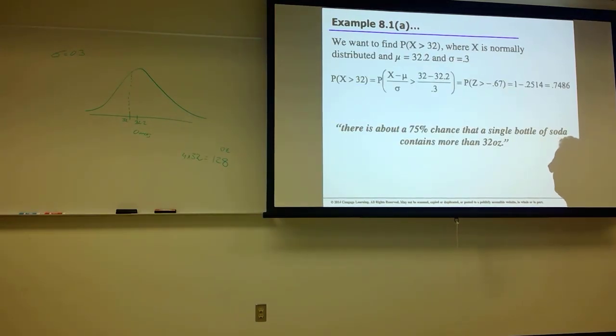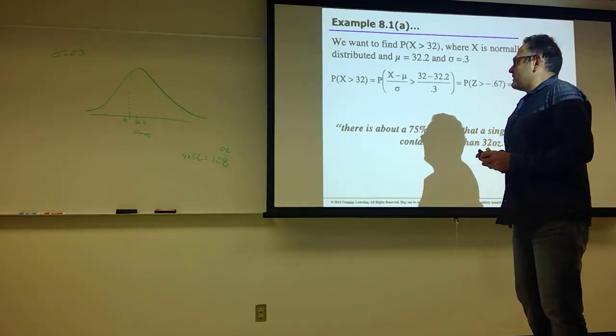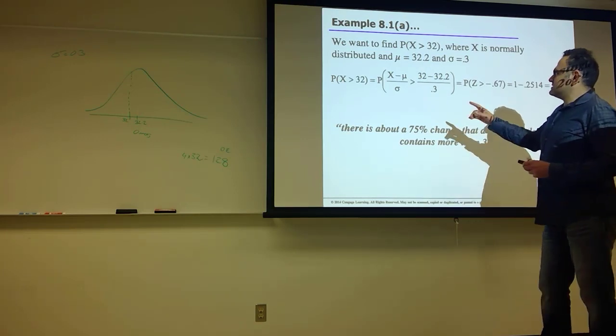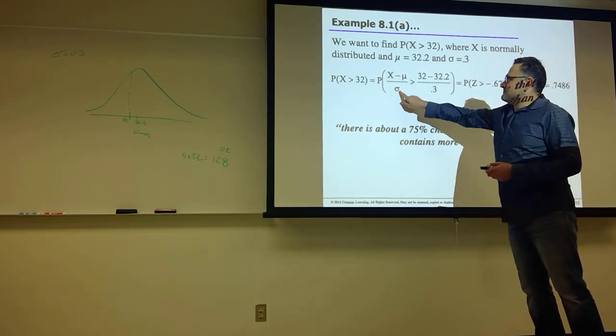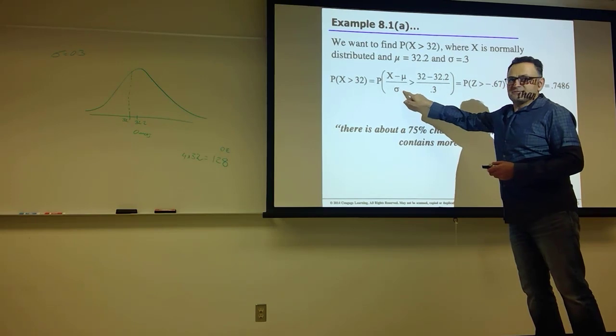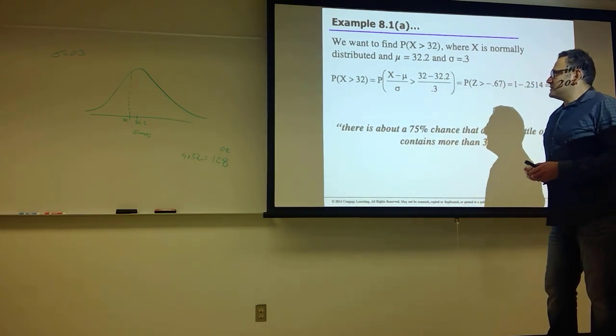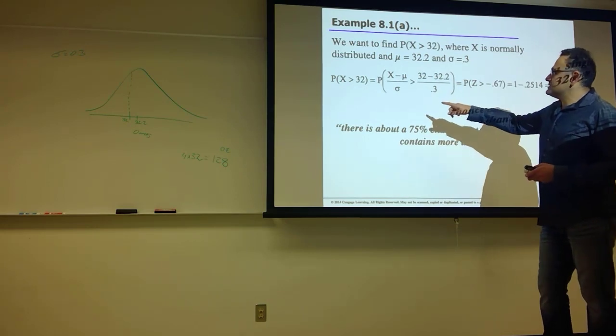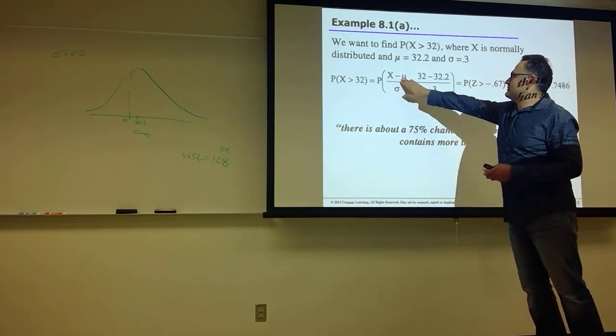And getting back to our question, part A was, what is the chance if I take only 1 bottle, that bottle has 32 ounces or more? So this is essentially the formula that we had in chapter 7. You don't see any division by square root of n. So that should be easy for you guys to solve. We simply calculate the z-score, plugging in the values.